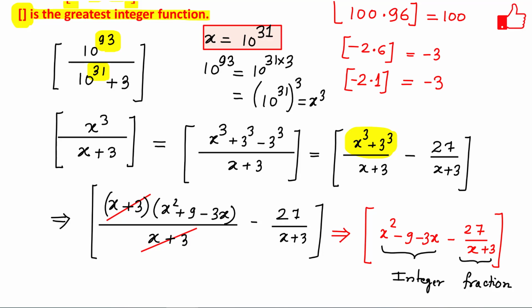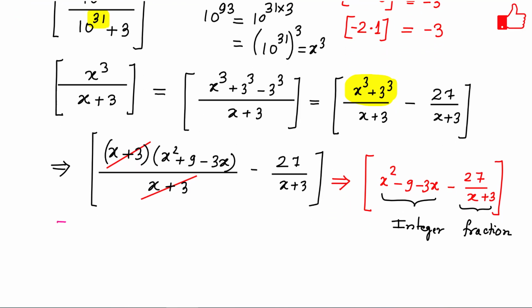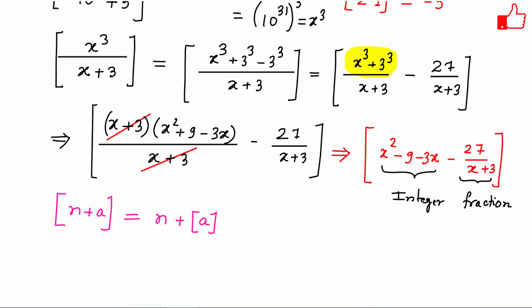In general, if you have a number plus a fraction inside a greatest integer function, then this can be written as the number plus the greatest integer of the fraction. So I will use this result: this term can be written as simply the number x squared minus 3x plus 9, plus the greatest integer of minus 27 divided by x plus 3.